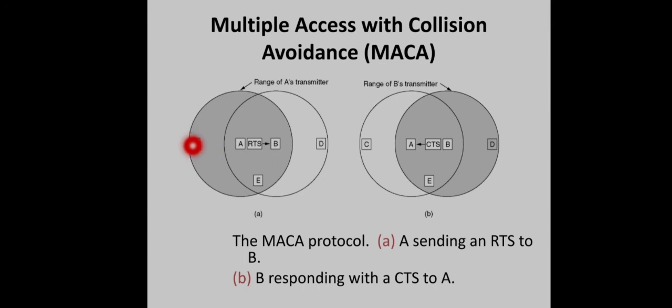So both of them will wait for some time for the CTS. Since they do not receive any CTS, they will try again after some time. For this, they use the exponential backoff algorithm for randomization to reduce collisions during the retransmission attempts.